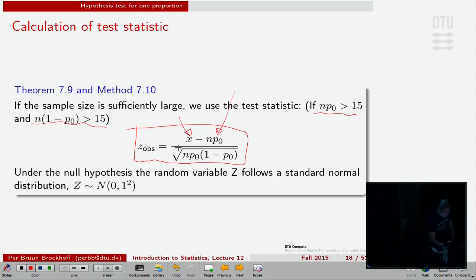And then I use the binomial standard deviation in the denominator. So it's actually the usual mean minus hypothesized mean divided by the standard error of the mean. It's the same hypothesis test structure as we've seen a number of times in the course. And then we use a standard normal probability to make conclusions, in the same way that we've done many times in our course now.